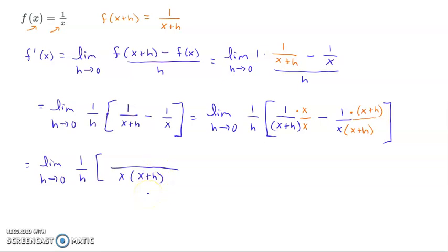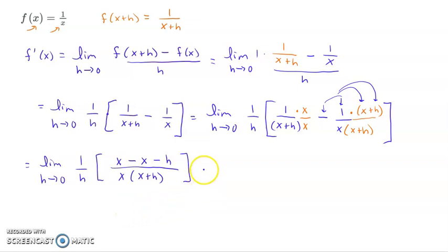Okay, and let's go ahead and simplify our numerator. 1 times x is just going to give us x. And then I'm going to go ahead and take this as a -1. This is my subtraction sign here. I've got my 1. I'll take that all together as one thing. I've got -1 times x, which will give us a -x, and -1 times h, which will give us a -h.